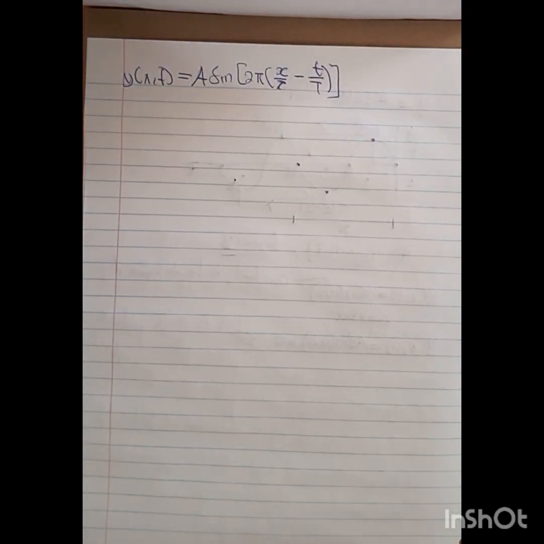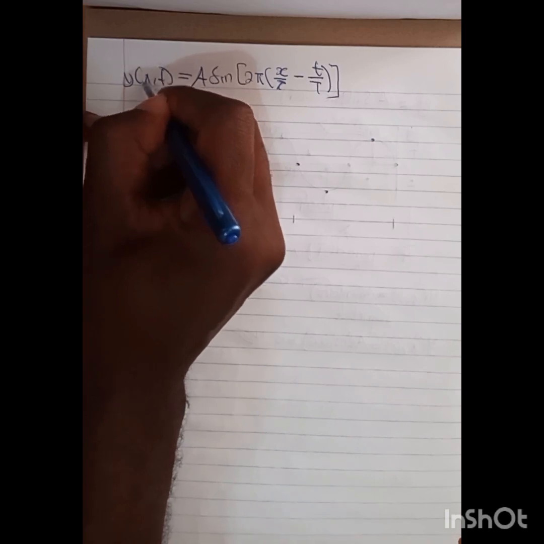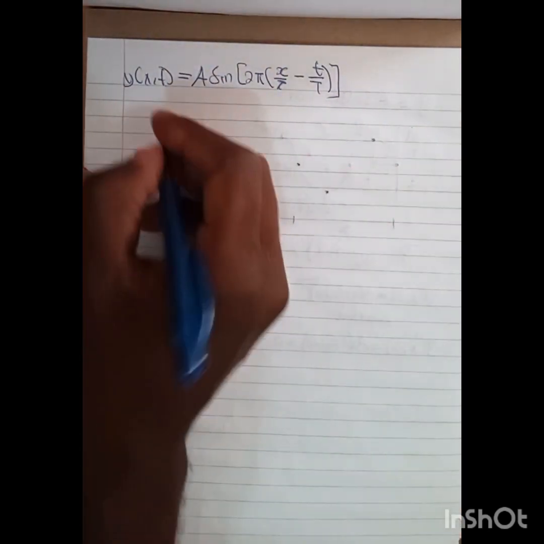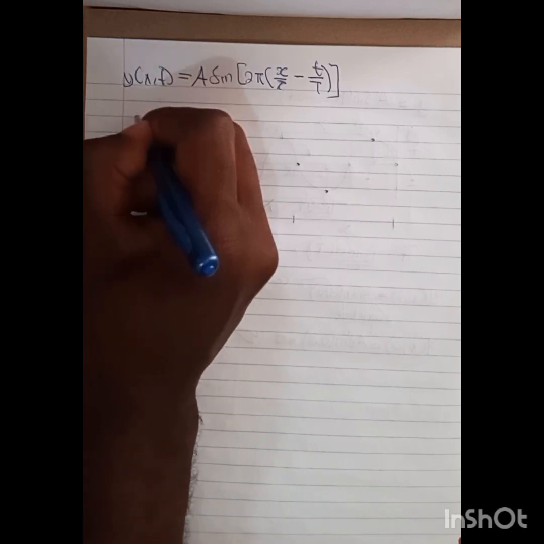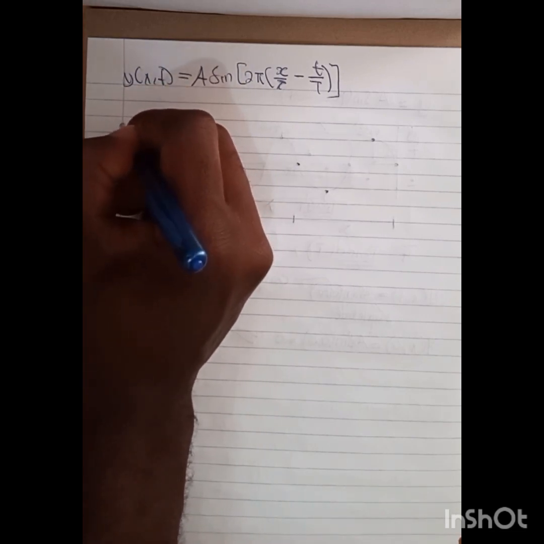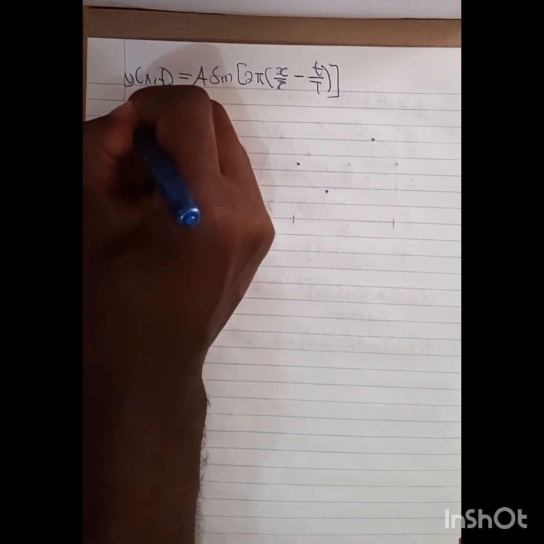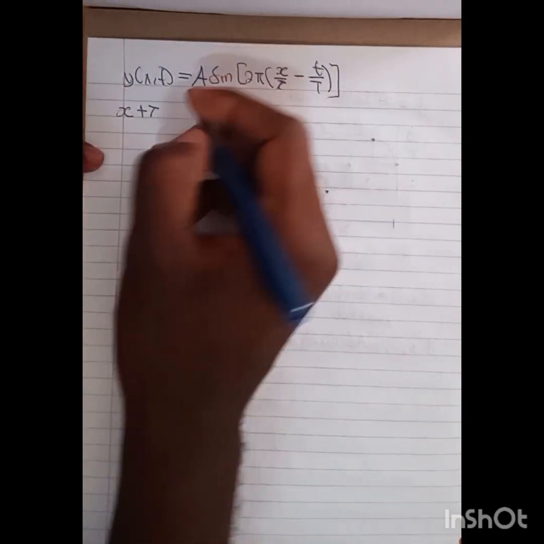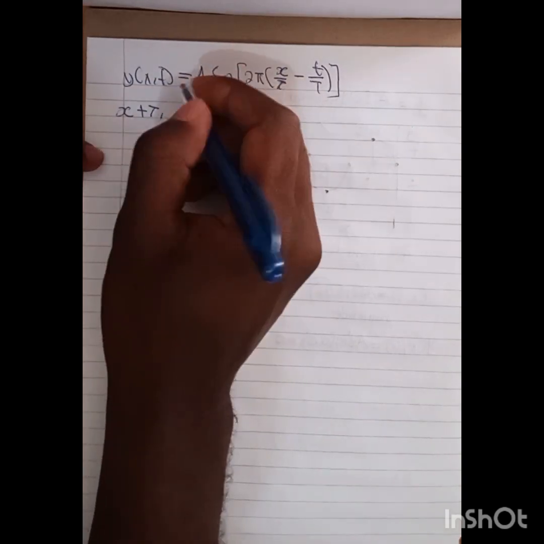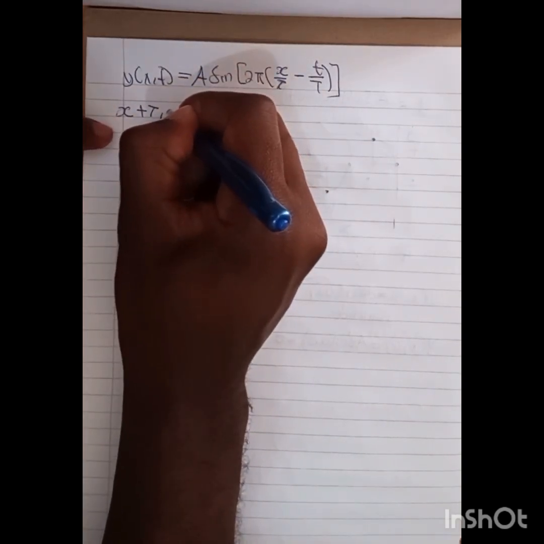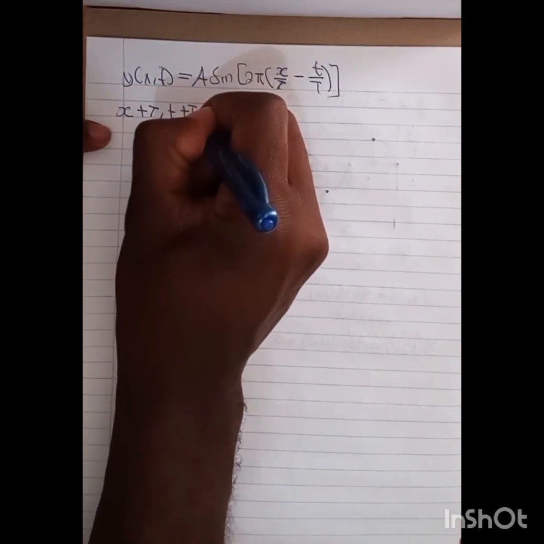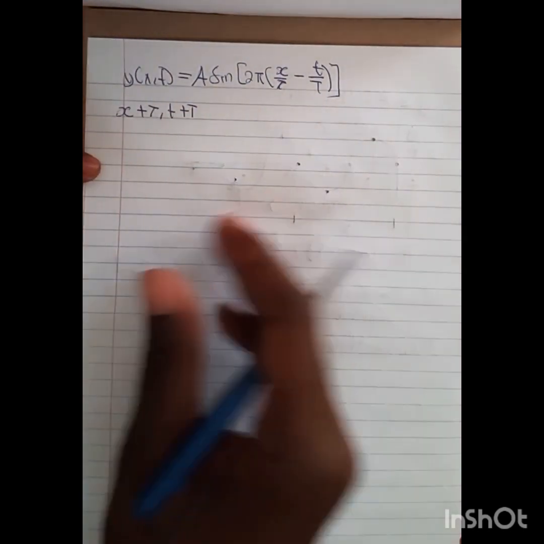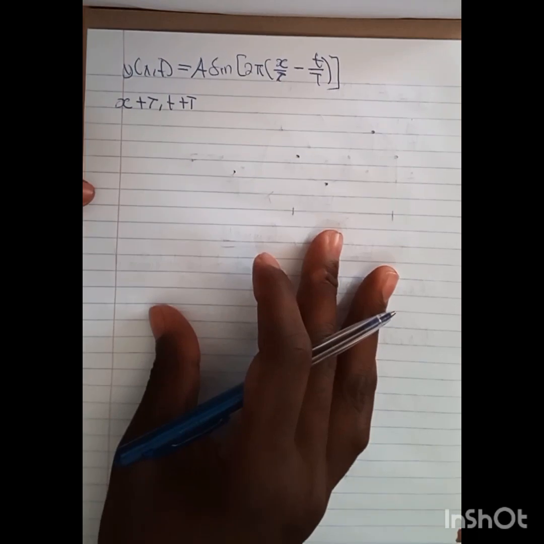So this is when we have the value of x and y at t, at any time and at any position. Let us now consider the value of x at x plus lambda, and the value of t at t plus the period. We want to show that it is the same at any time and at any position.